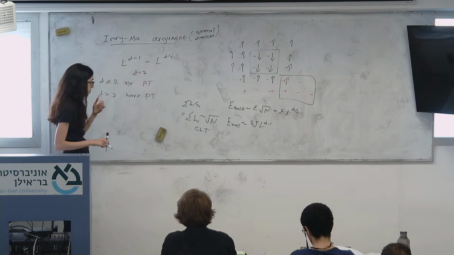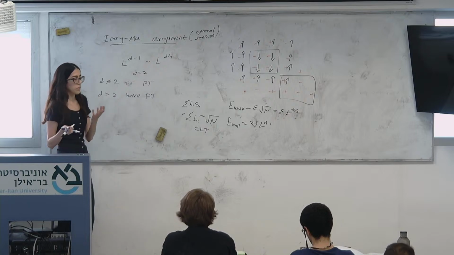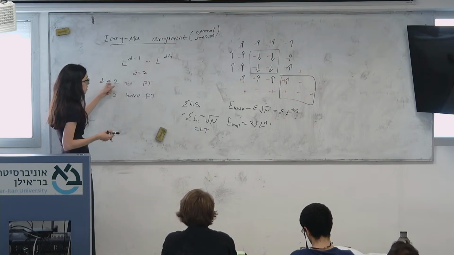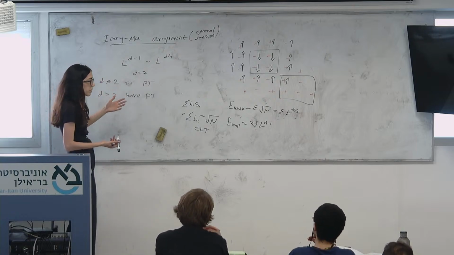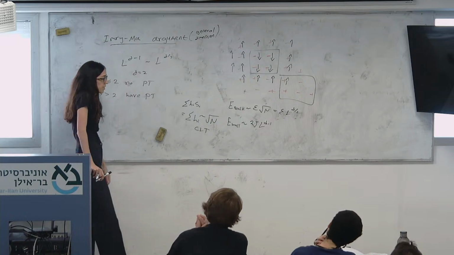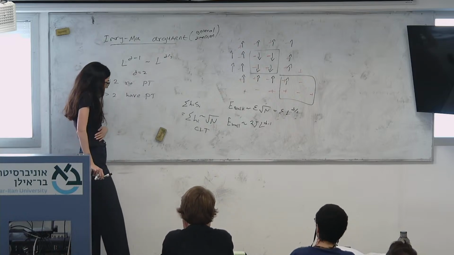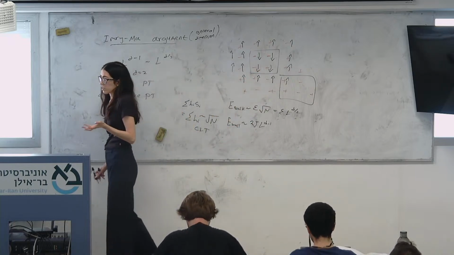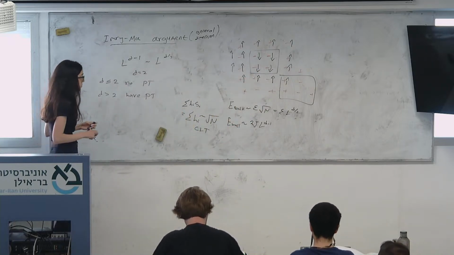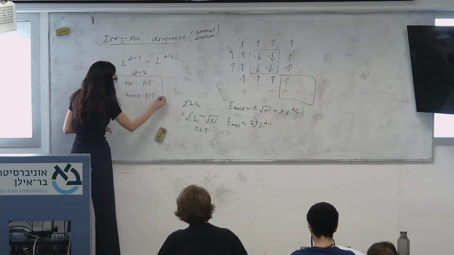This is actually the only one that's excluded, because we know that for d smaller than 2 we're not going to have a phase transition anyway. So the only case this doesn't affect is d equal 2. So that's the overall picture.